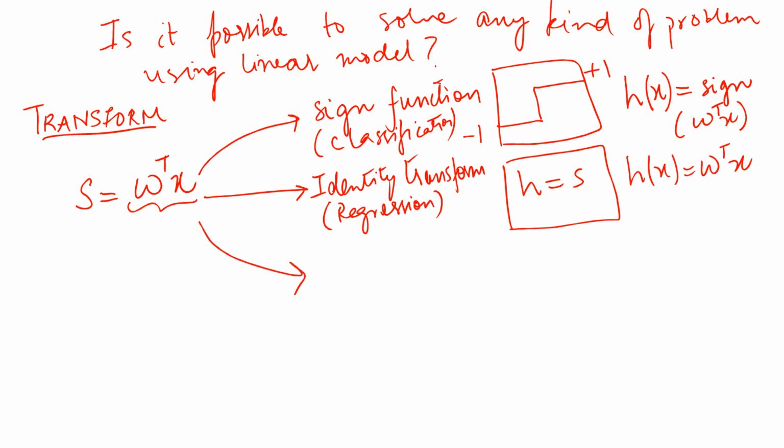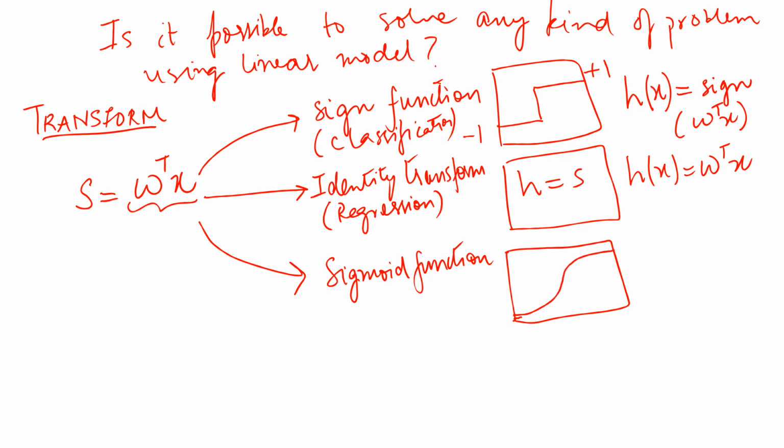And then the third one is the probability type problems. We can use something that's known as a sigmoid. So what is this sigmoid function? Well, it's a smooth function with an S-shaped curve that exists only between 0 and 1. So these are the range of values.